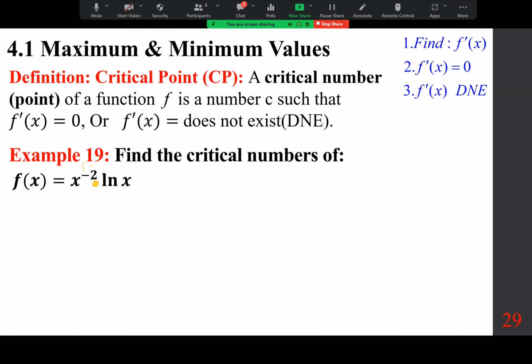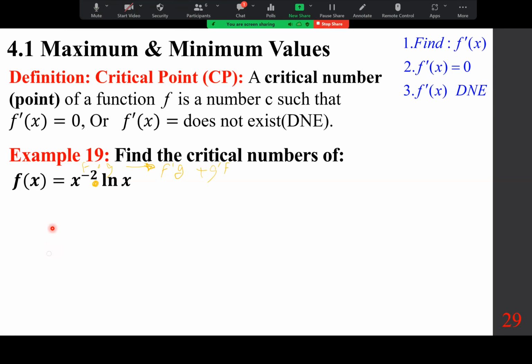If you call this f, you call this g, I highly recommend you write the formulas. I'm assuming you have memorized the formulas. So when you come across a question, write your formula and apply that.